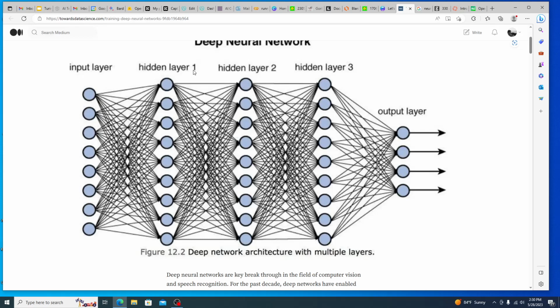If we look at a deep neural network, you can see this is a 5-layer network here. And then it's got the input layer and the output layer, which we went over. And then the layers in the middle are hidden layers, hidden layer 1, 2, and 3. And they're hidden layers for a few reasons. The first reason overall is that it's a hidden layer because exactly what the output is going to be is probabilistic.